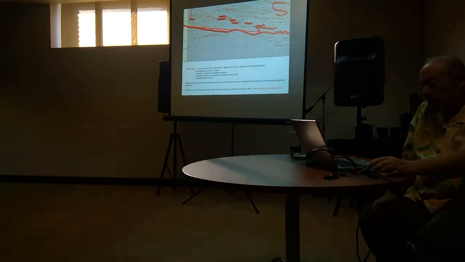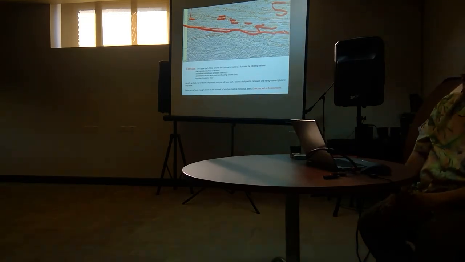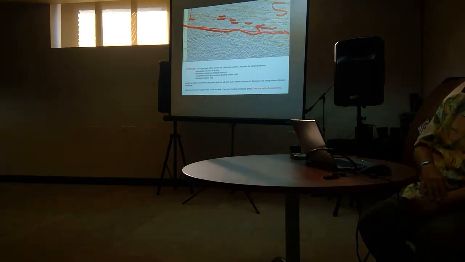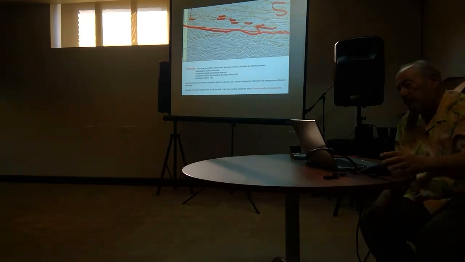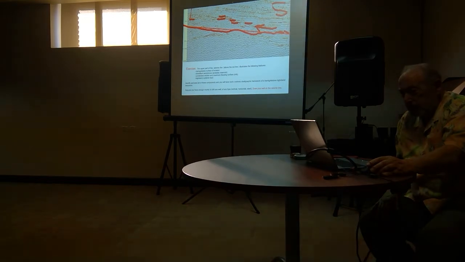Can anybody tell me where a delta would be associated with this? Or let me just say progradation. This really gets into sequence stratigraphy, and when we get into sequence stratigraphy, we'll do a better interpretation of this. But let me just point out now, here are your shoreline sands.